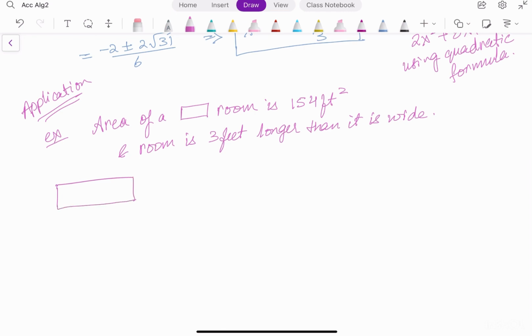So let's sketch it out. So we are looking for width and the length is w plus 3.